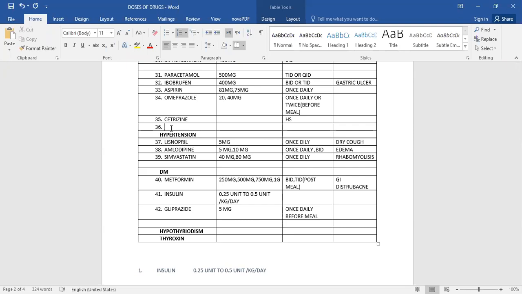What is present in Clarinase? Loratadine. All right. Usually in antihistamines or anti-allergics there is drowsiness attached to it. What is the strength of loratadine or Clarinase?